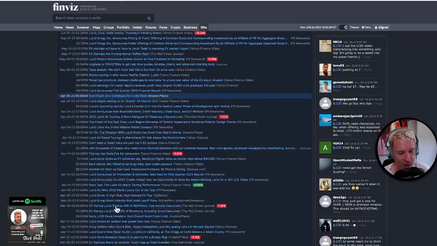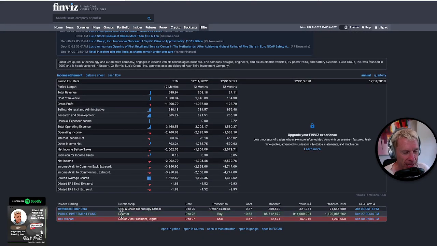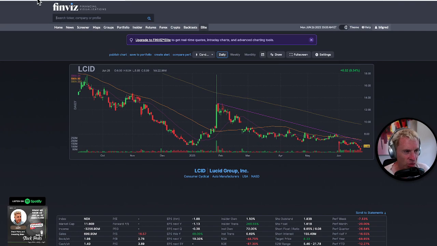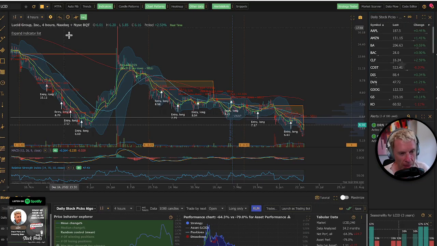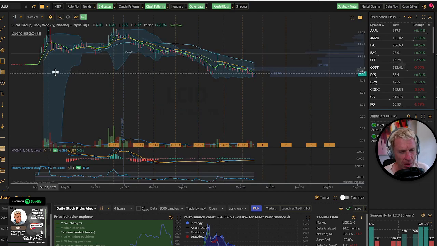I don't think it's super, super risky, but on a day like today, you have Public Investment Fund, that's the Saudis, in December, buying $914 million worth of shares. So, yeah, the Saudis own this one. If they buy more, the stock will pump up. If we look at a long-term view of this one, it doesn't have a 200-day, but it's just a falling knife. I mean, trade this one on a short-term time frame.